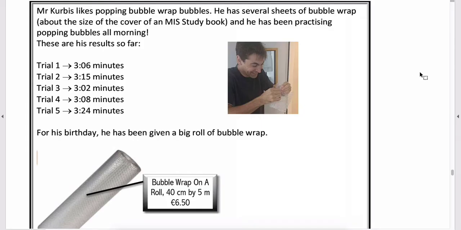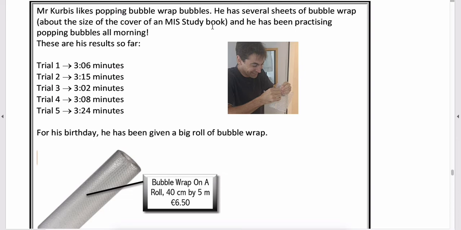We are going to look at this example problem here. So let's say Mr. Kurbis here in the photo, he likes popping bubble wrap. But anyway, this is the problem. Mr. Kurbis has a sheet of bubble wrap which is approximately the size of an MIS study book.